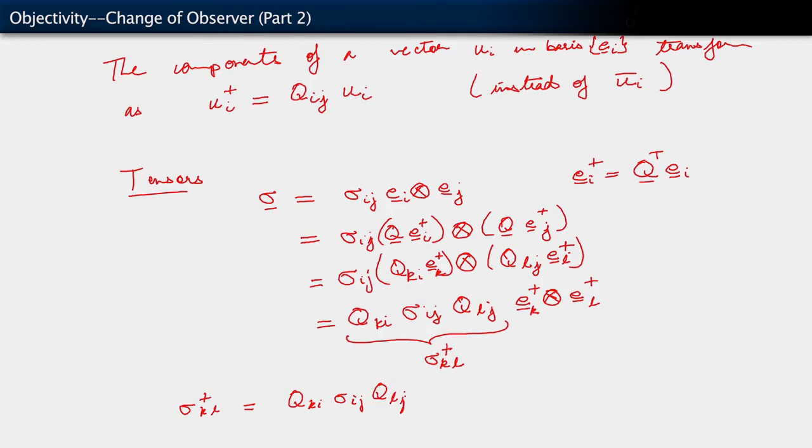Now, having demonstrated this, we can also write this collection of components in matrix form. Remembering that sigma plus written in that form is the matrix of components in the new basis, we see that it is obtained by Q acting on the matrix of components in the original basis, Q transpose. So that's how tensors transform.